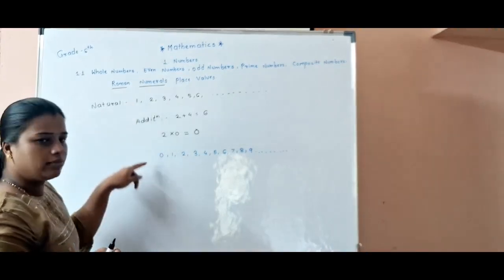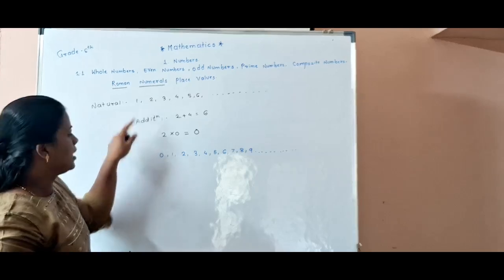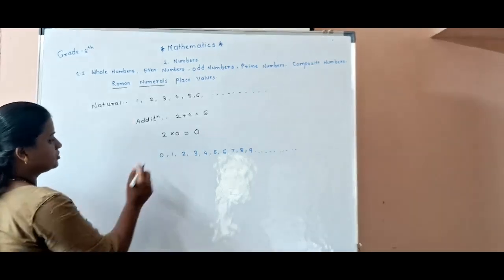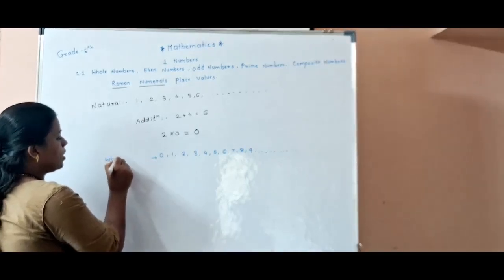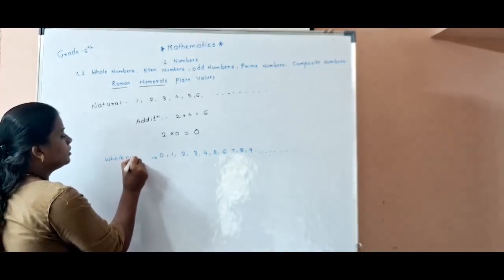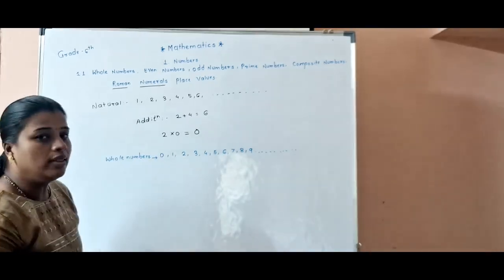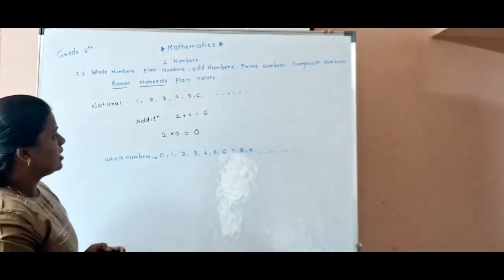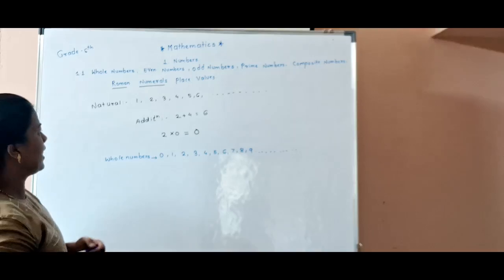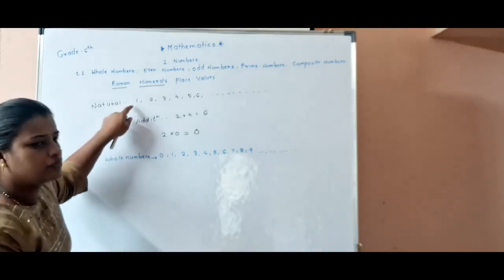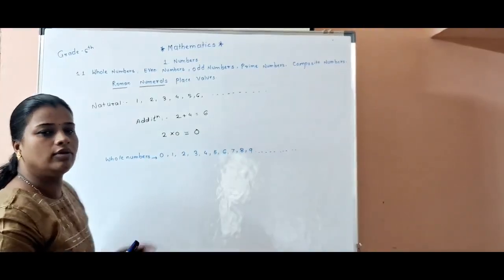Natural numbers start with 1, and the numbers which start from 0 are called whole numbers. So the natural number starts with 1 and the whole number starts with 0, and the counting will go on.